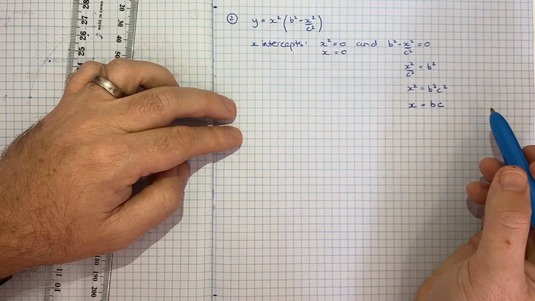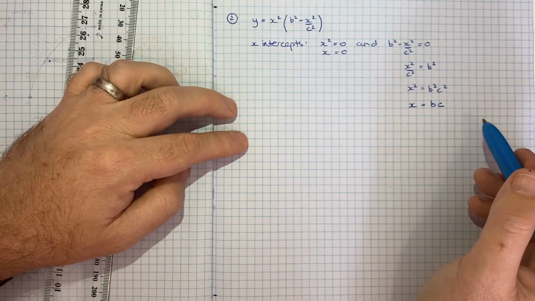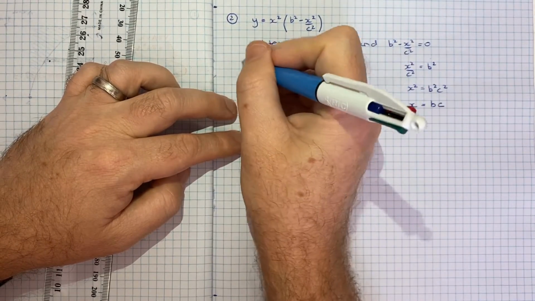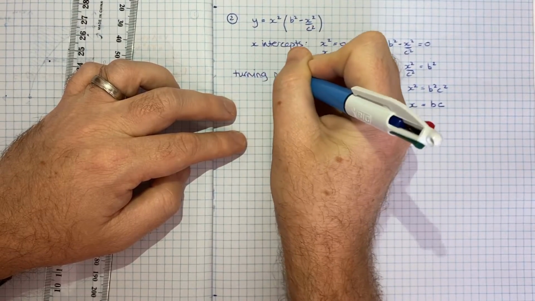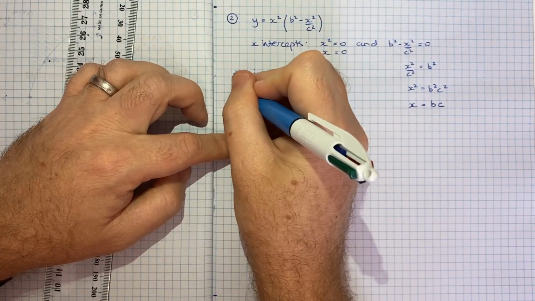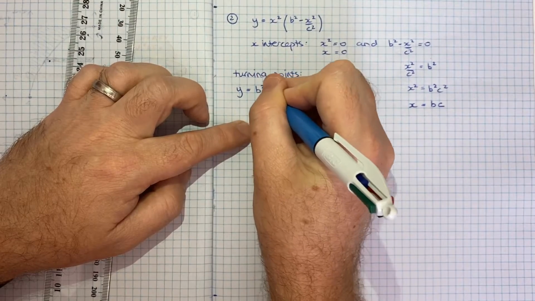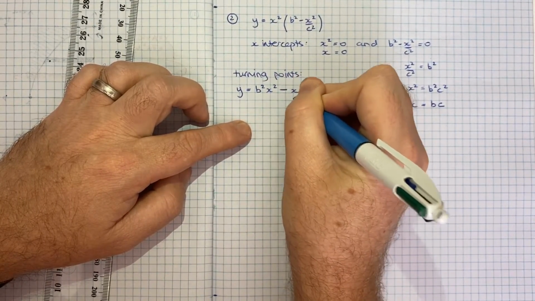We could take a look at the first derivative and see when it's 0. If I look at turning points, it might be helpful to expand these brackets. So we'll have y equals b squared x squared minus x to the 4 on c squared.